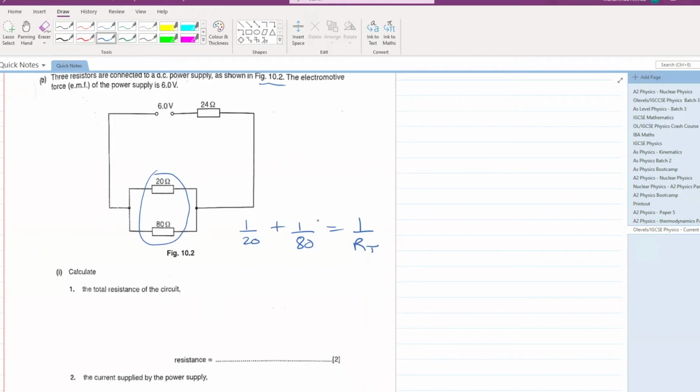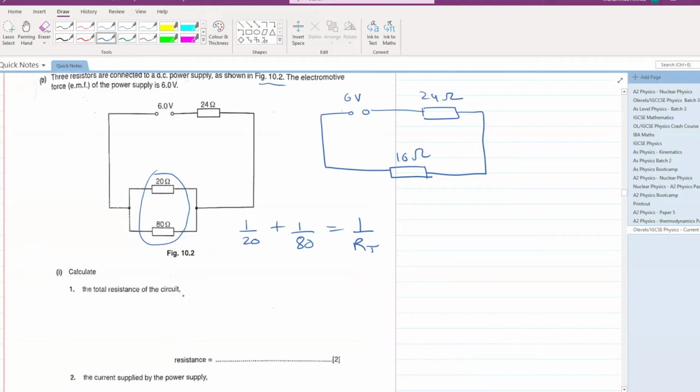Reciprocate this answer. This gives you an answer of 16 ohm. So this parallel combination can be replaced with a 16 ohm resistor, and this is 24 ohms.